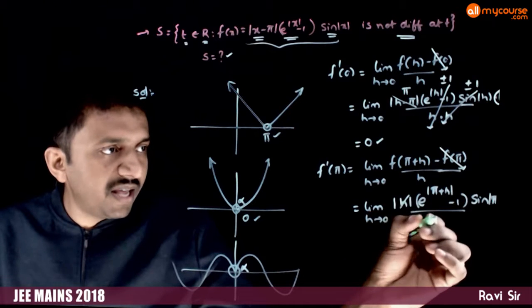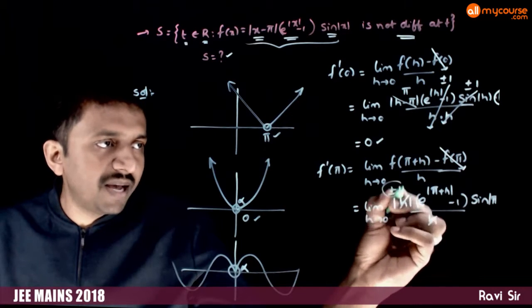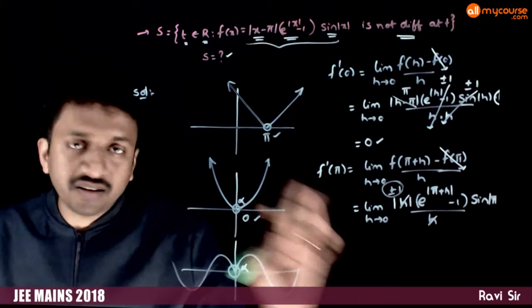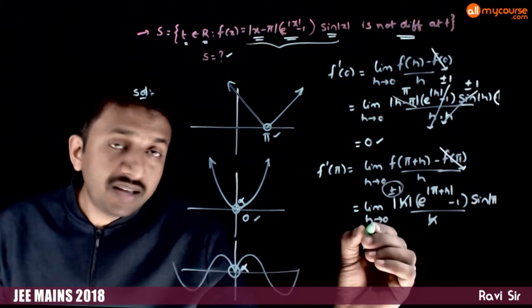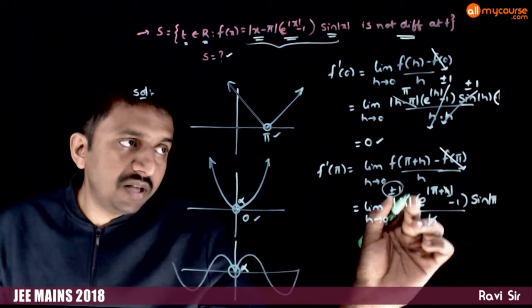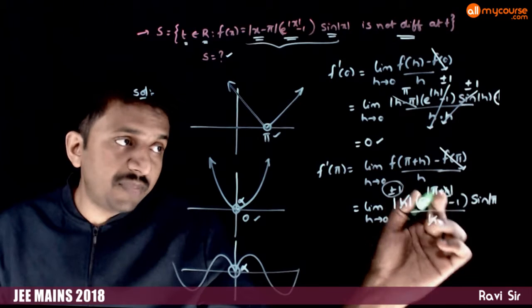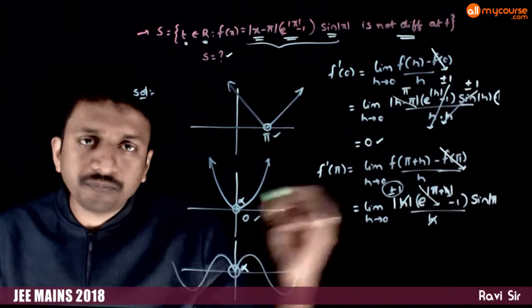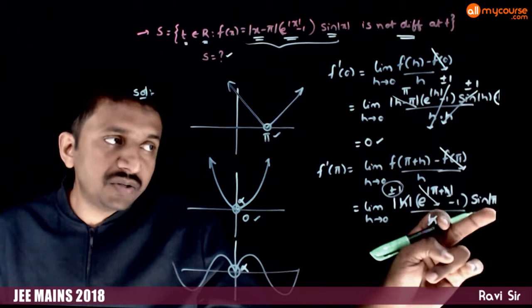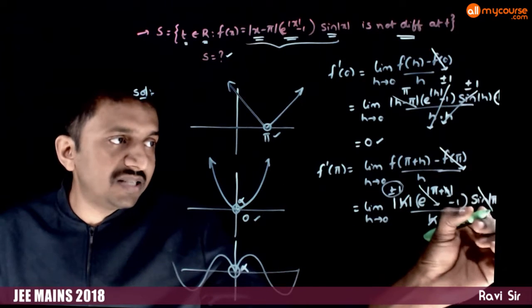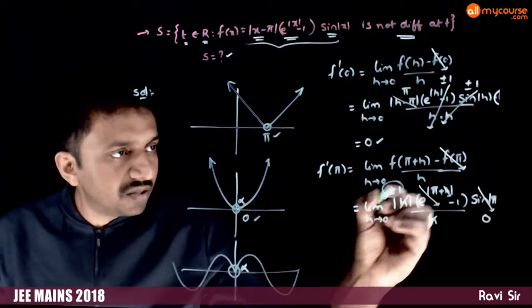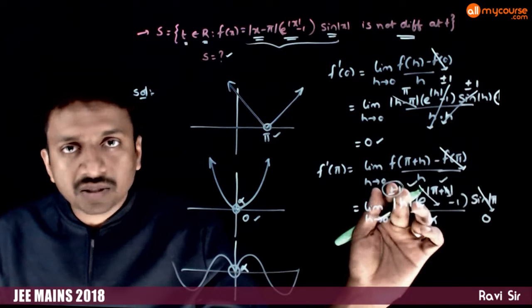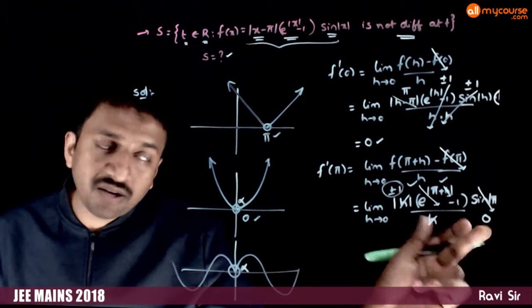So |h|/h will be either plus or minus 1 depending on where h is, and as h tends to 0, e^(|pi + h| - 1) tends to e^(pi - 1), a finite value. And as h tends to 0, sin(pi + h) tends to 0. So these two tend to finite values, and it is being multiplied by 0.